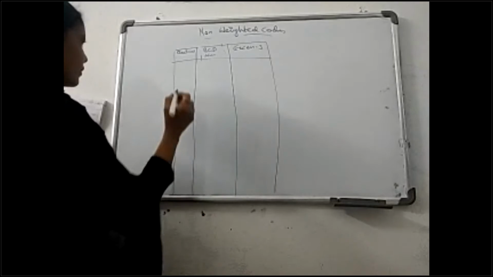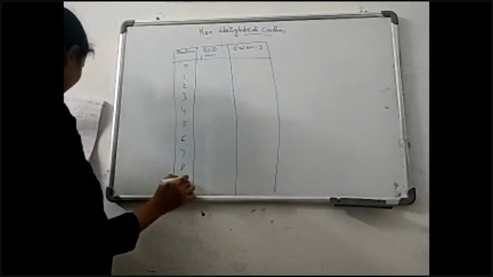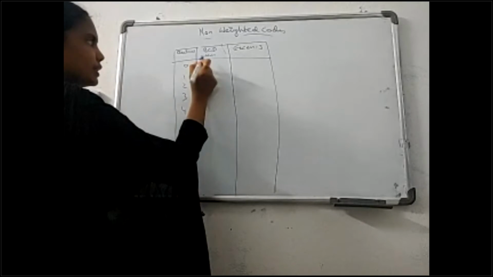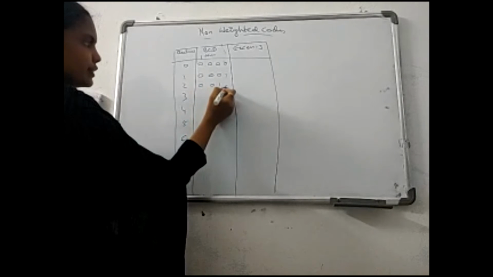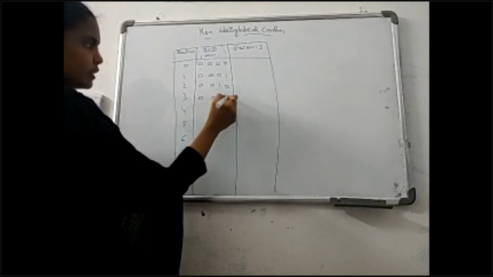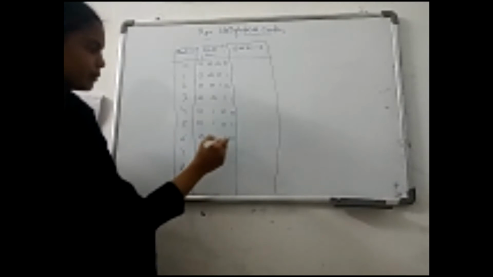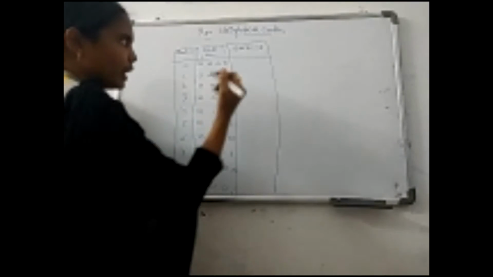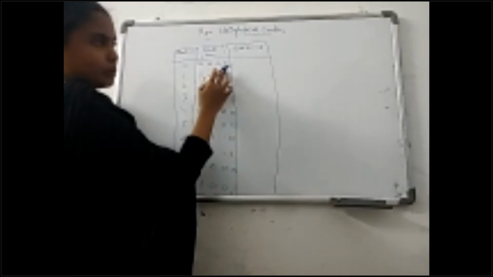The decimal numbers are 0, 1, 2, 3, 4, 5, 6, 7, 8, 9. The BCD numbers are 0000, 0001, 0010, 0011, 0100, 0101, 0110, 0111, 1000, 1001. So Excess-3 code is nothing but adding 3 to each BCD number.